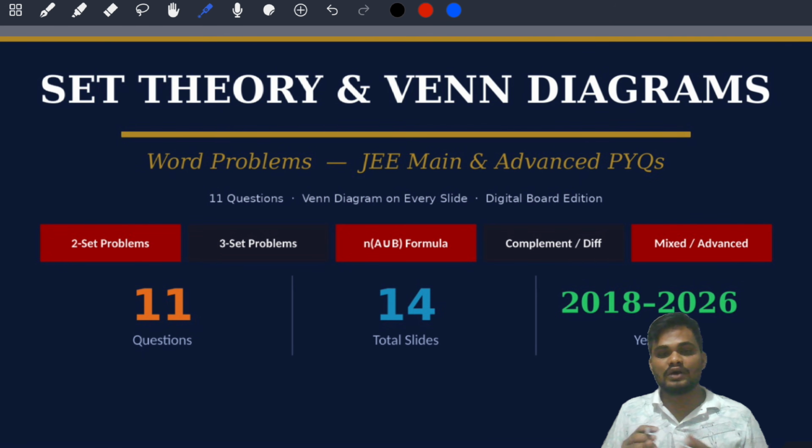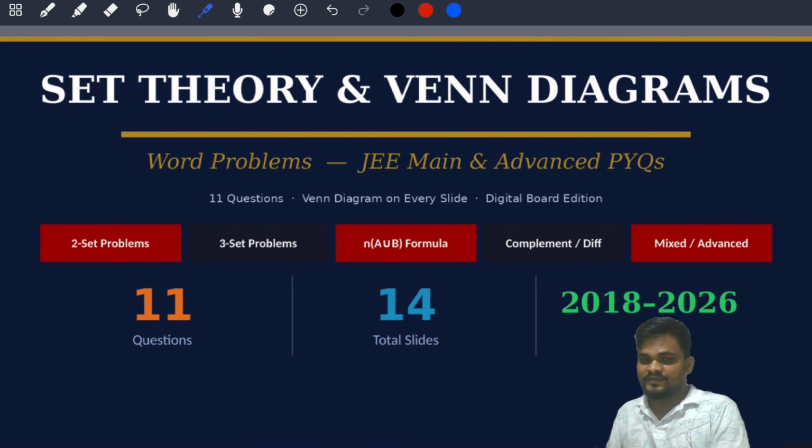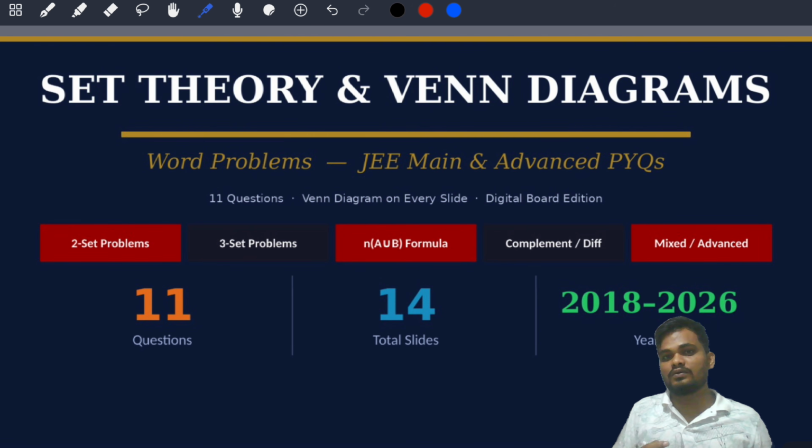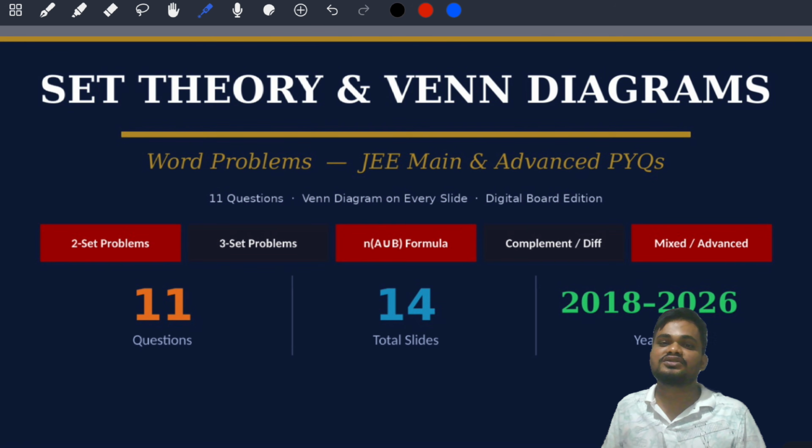First we discuss all the 2-set problems, then we move forward to the 3-set problems. Why? Once you get a hand on 2-set problems, understanding 3-set problems becomes very easy.